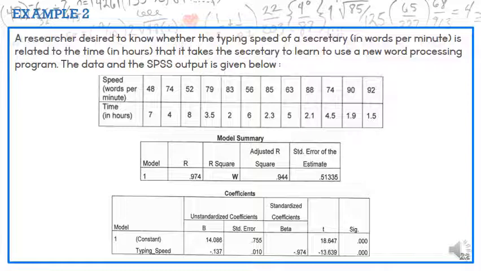Okay, so dia kata dalam soalan tadi, typing speed related to time it takes. So speed X, time Y. Time study new word processing depends on speed per minute. This is your R, this is your R squared, this is your A, this is your B.